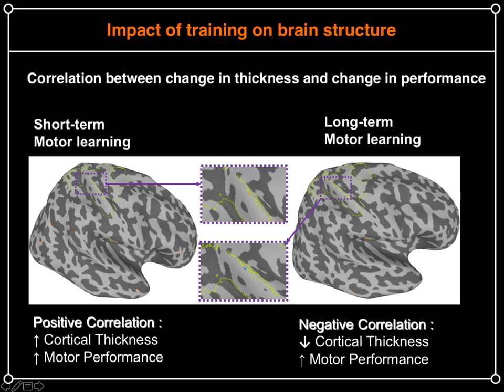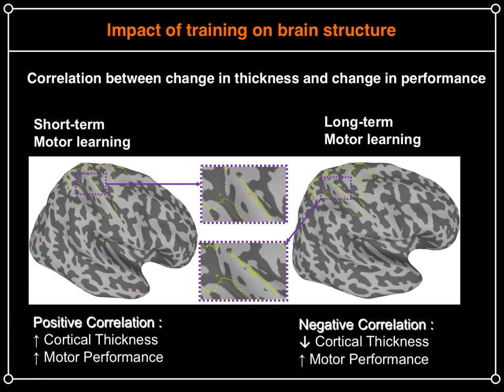But what's interesting is that while you see an increase in cortical thickness correlating with better performance, when you look at long-term motor training, a decrease in cortical thickness is correlated with better performance. So one possibility then is that with cortical thickness, immediately after training, you're seeing some changes in the T1 signal.